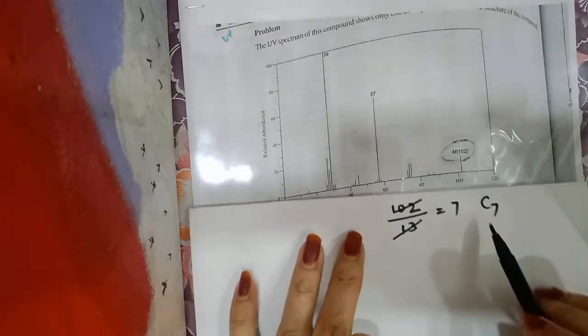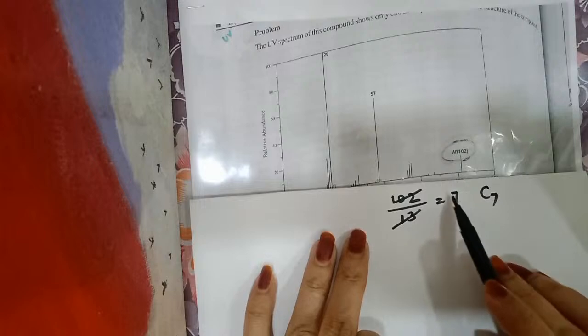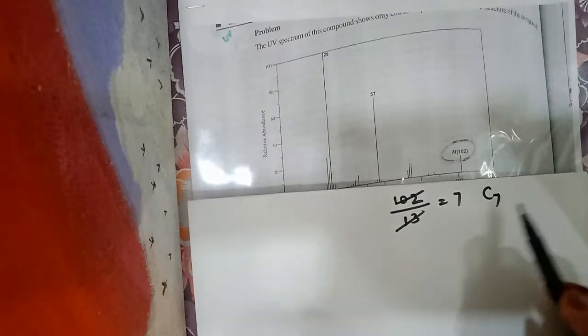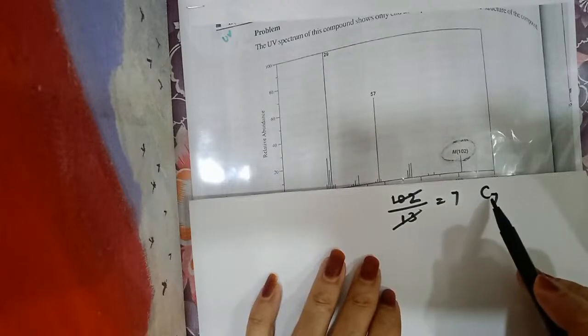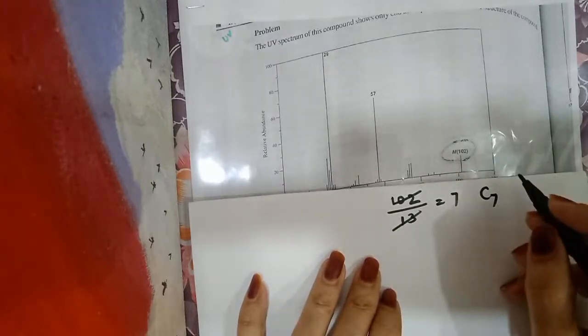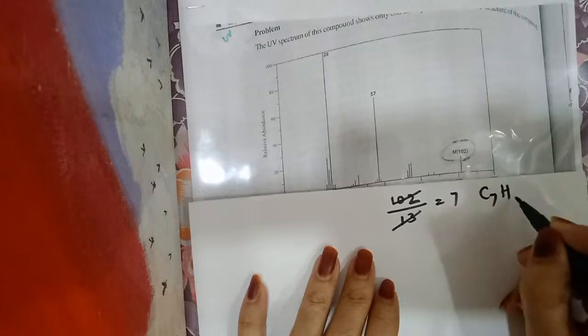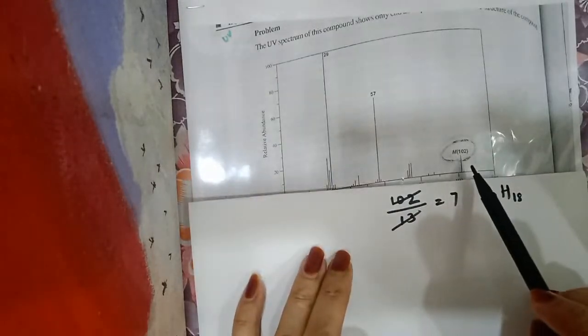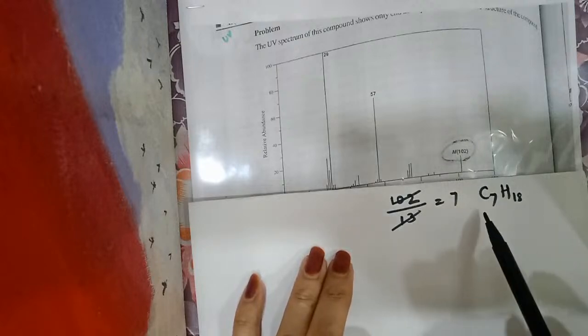So we calculate by finding this C7. I'll make another video as to how to do these calculations. Presently, we will focus only on solving this problem. So we get the answer as C7H18. If the peak is at 102, we get this kind of molecular formula.